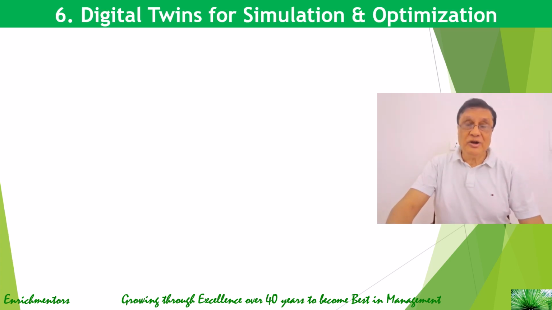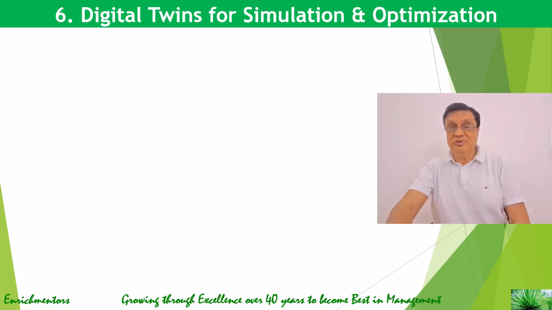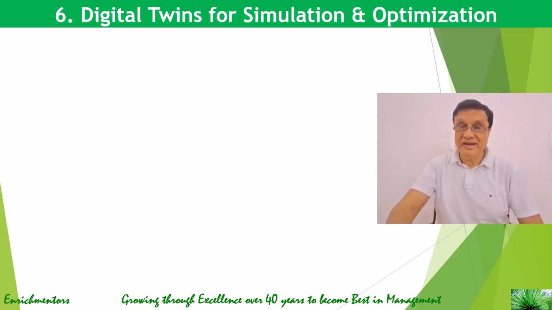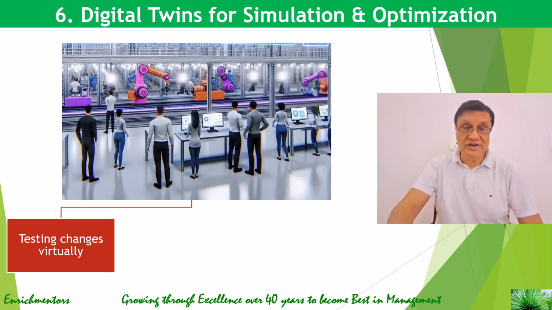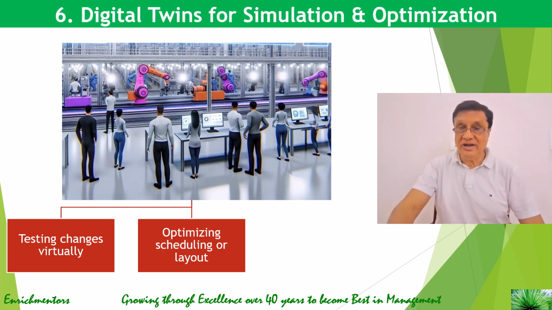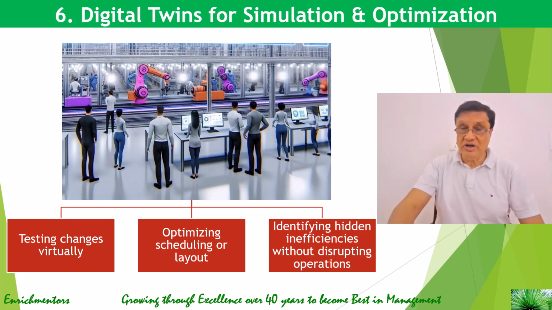Then it can also use digital twins for simulation and optimization. AI-powered digital replicas of the production line allow testing changes virtually, so you don't have to physically make the changes. It can also optimize scheduling or layouts or identify hidden inefficiencies without disrupting operations.